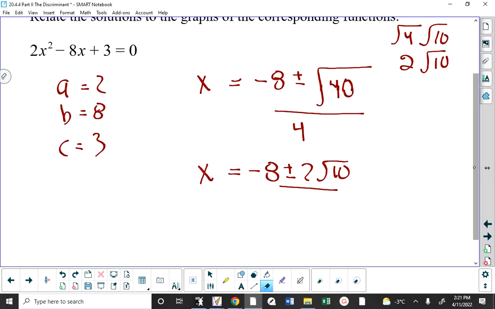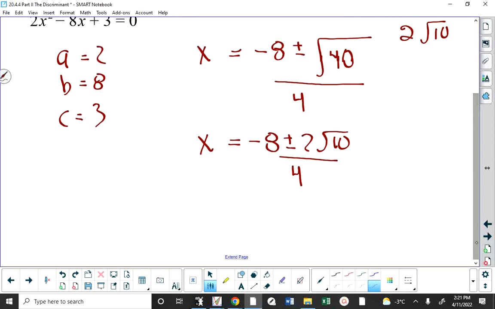I can factor a 2 out of the numerator and get x is equal to 2 times negative 4 plus or minus root 10 over 4.